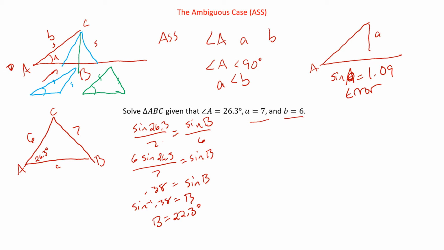Now, we don't know either piece from C, but we know 2 angles. We can find the third angle. That's just subtraction. So C will be 180 minus the 2 that we know, 26.3 minus 22.3. Gives us 131.4.